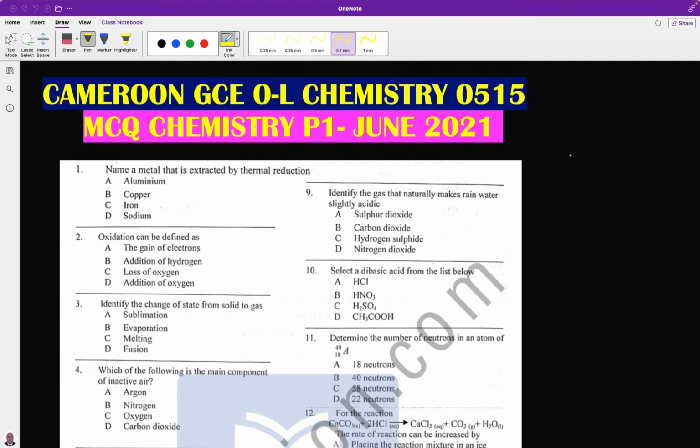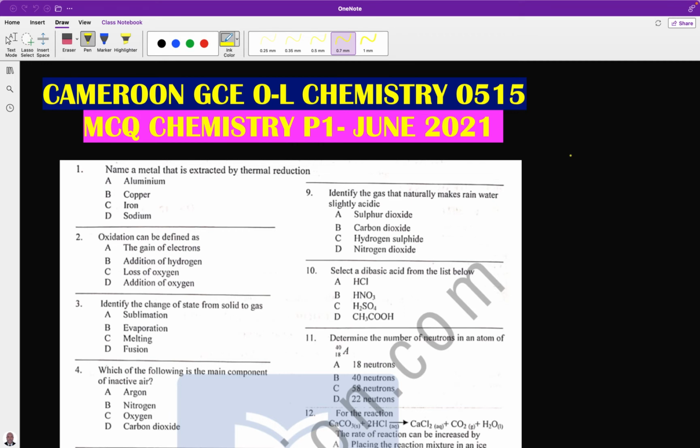Let's go straight away to question number 1. Name a metal that is extracted by thermal reduction. A. Aluminium. B. Copper. C. Iron. D. Sodium.